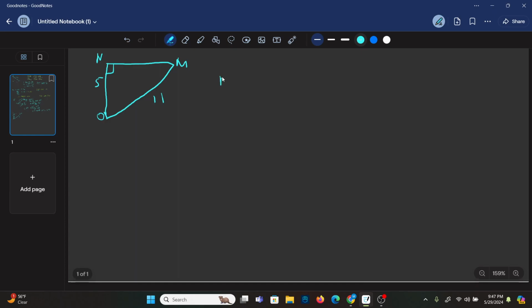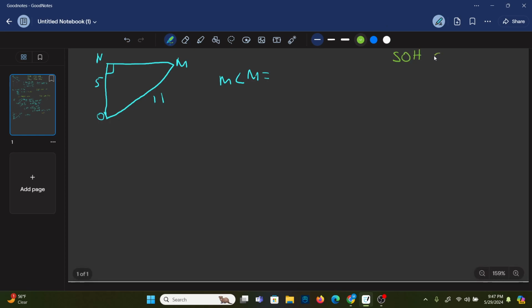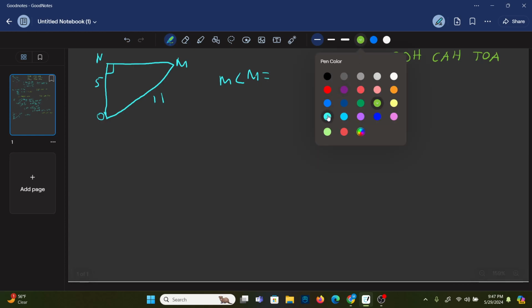And so we want to know the measure of angle N, which is this angle right here. So in order to solve this, we would again want the acronym here. And now we would solve for angle N.